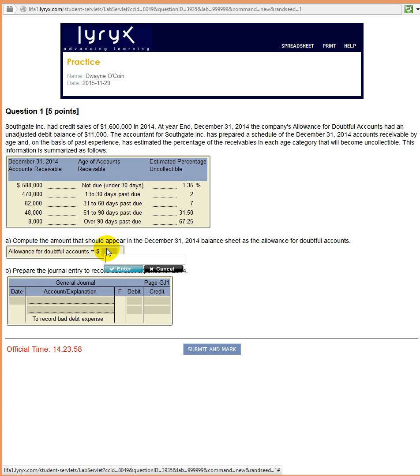So we just take each number, 588,000 times 0.0135, which is 1.35%, and then we add 470,000, make sure you have enough zeros there, times 0.02, and of course the order of operations rule says it's going to do the multiplication before it does the addition, so we're good.